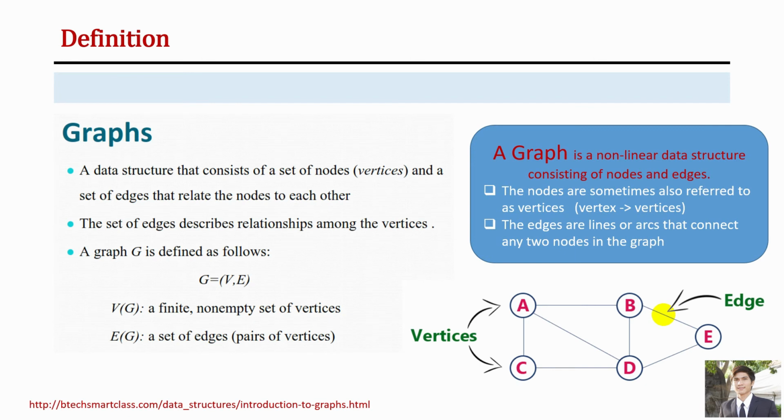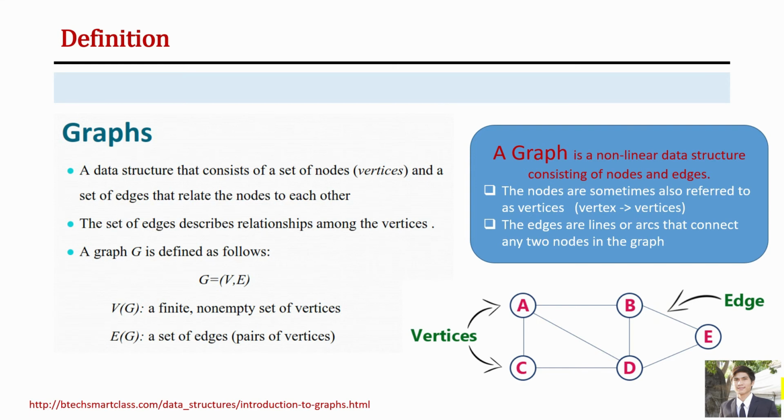So a graph is basically a nonlinear data structure consisting of nodes, or vertices. The singular form is vertex, and a graph has nodes and edges. Edges connect nodes together, and as we can see in this picture, we have 5 nodes, right? We call them 5 vertices.